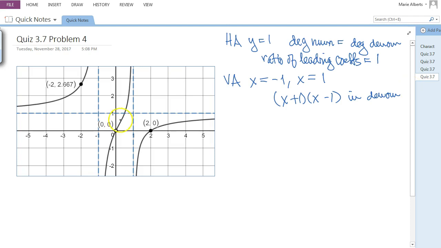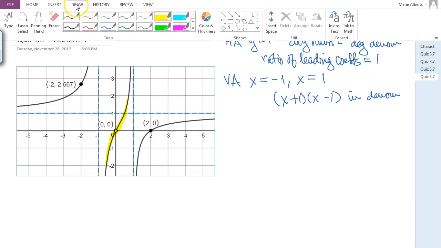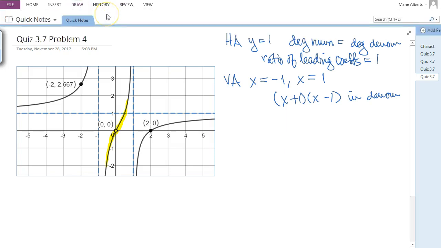And then we have what we can only describe as funny business in the neighborhood of x equals 0. What's so funny about that? Well, two things. One, we have an insidious hole. And two, we have a shape that is a lot like x cubed. So, let's see what we can make of those.